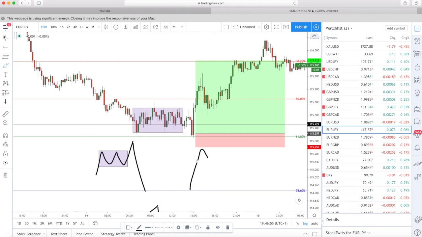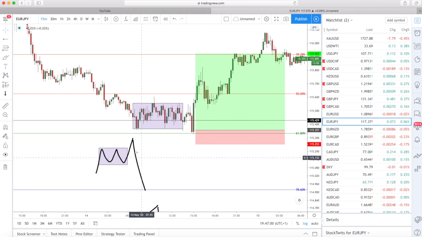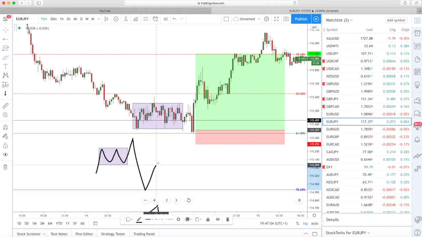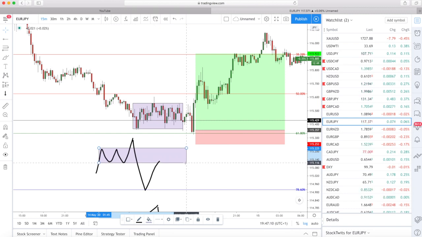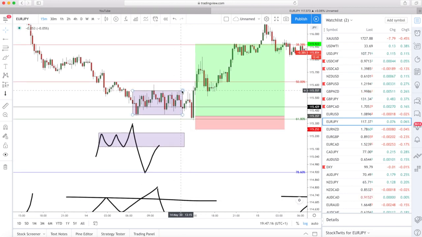So say if you want to be really conservative, you can wait for this big push to happen, and then you can enter on the pullback. So you see, put this consolidation zone here. When we break out of a consolidation zone, we normally do come back and retest it, and you can see here on this trade it happened exactly here.